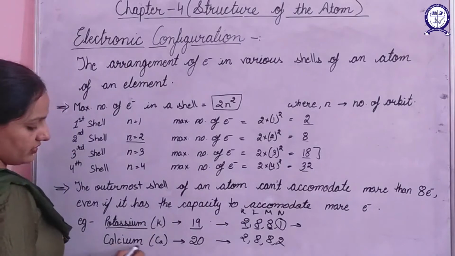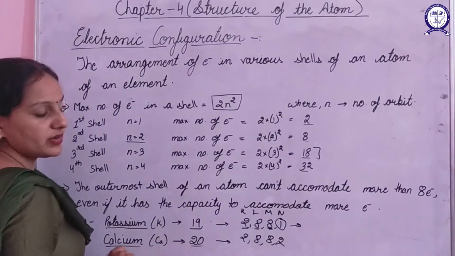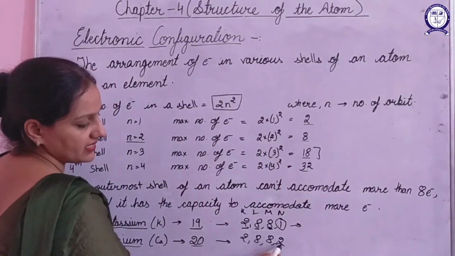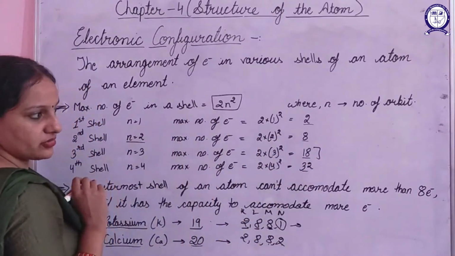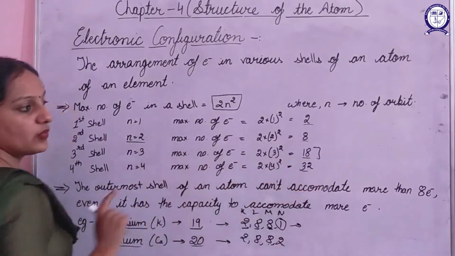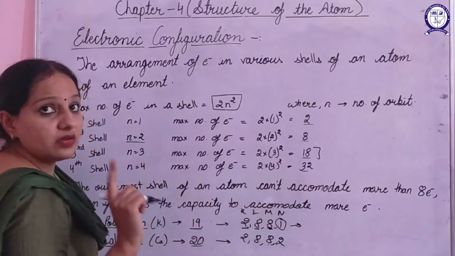In a similar way, if we talk about calcium, Ca is the symbol and the atomic number is 20. Again its electronic configuration will be 2, 8, 8, 2. This is the third shell. According to the formula it could have 18 electrons, but as we have specified here, it cannot accommodate more than 8 electrons even if it has the capacity to accommodate more.